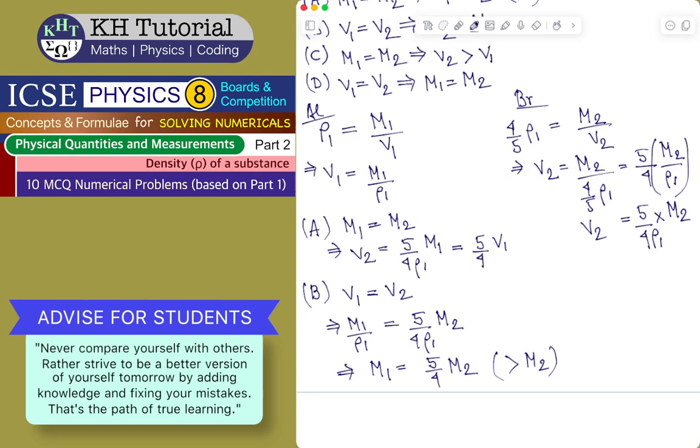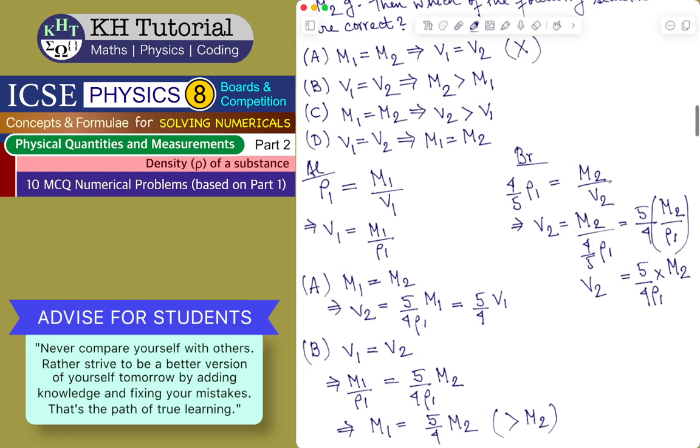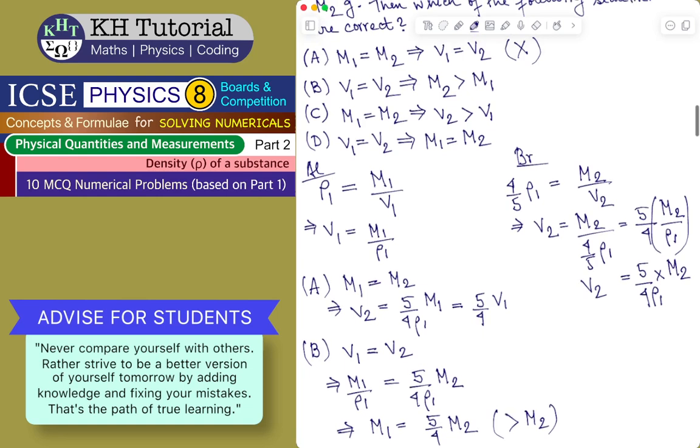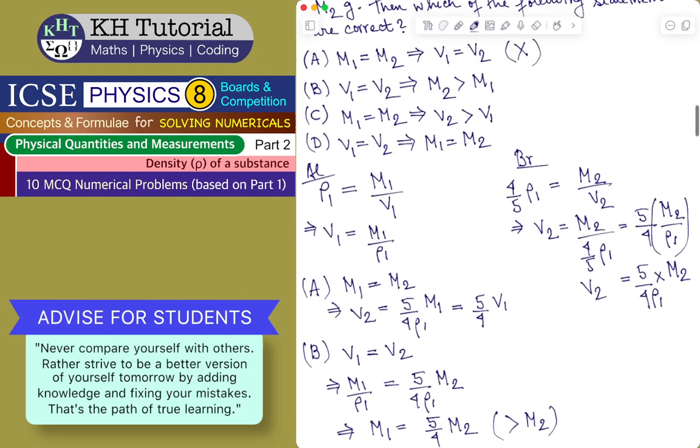So if V1 is equal to V2, we have m1 greater than m2, but choice B says that m2 is greater than m1, which is wrong. So this statement is also wrong.